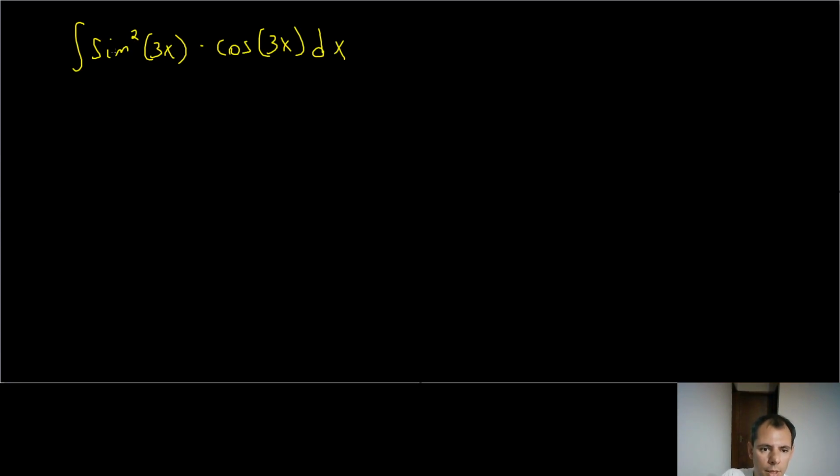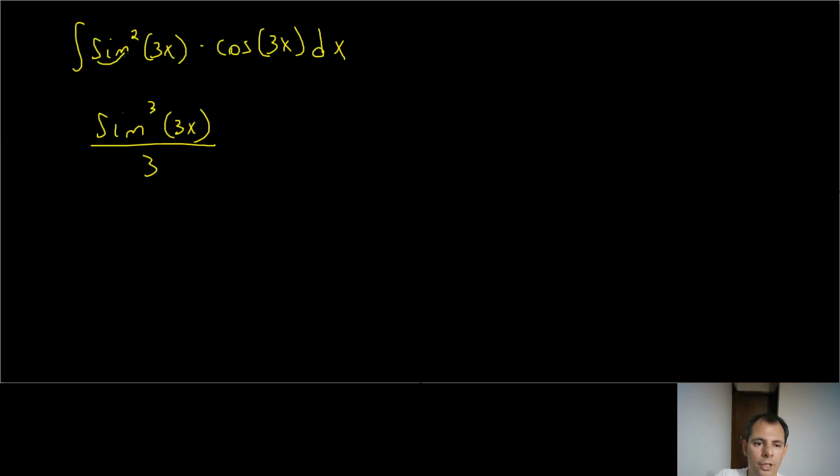So let's integrate this. It's going to be sine cubed of 3x divided by 3. Now I integrated the outer function, the outermost function. Now you gotta go one level down. You gotta divide by the derivative of the function inner to this outermost function.